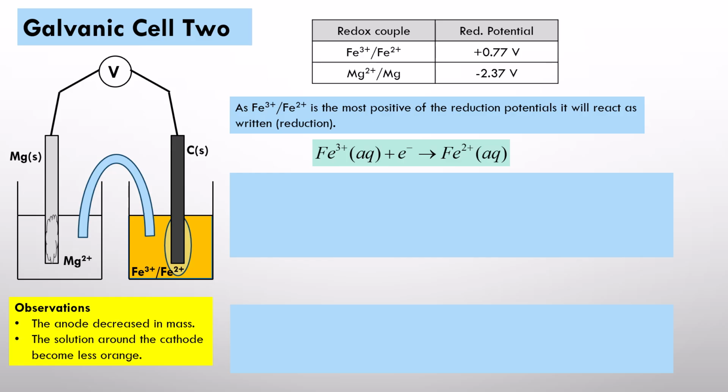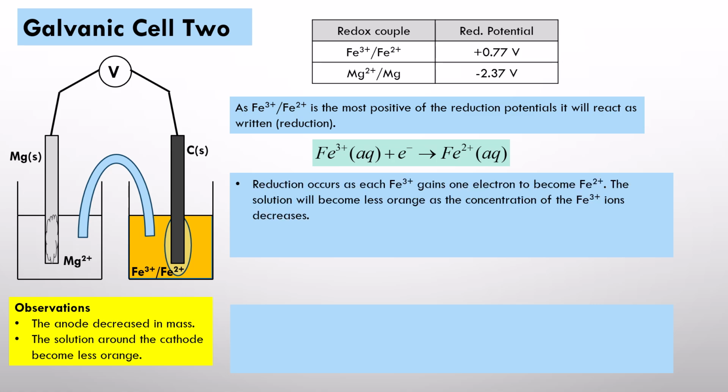Now I'm going to justify whether this is a reduction based on its loss or gain of electrons. So reduction occurs in this equation as each Fe3+ gains one electron. Now I'm being specific and detailed here and saying that one Fe3+ ion gains one electron.